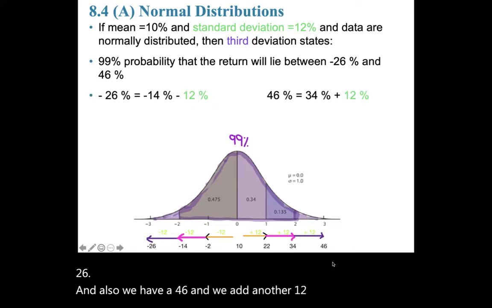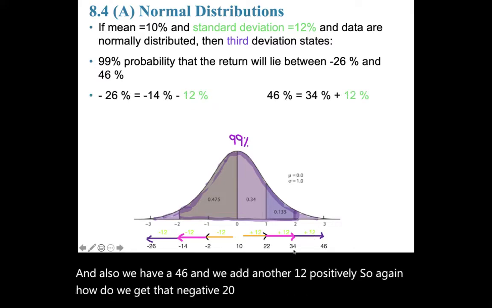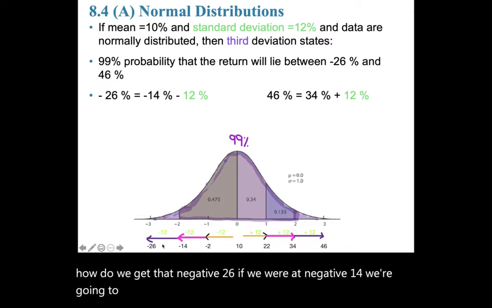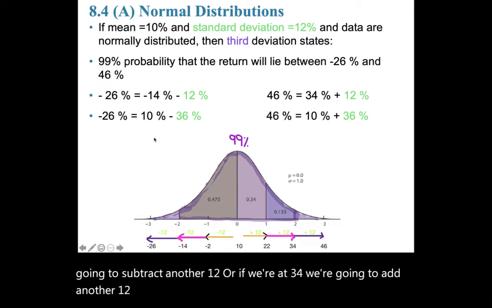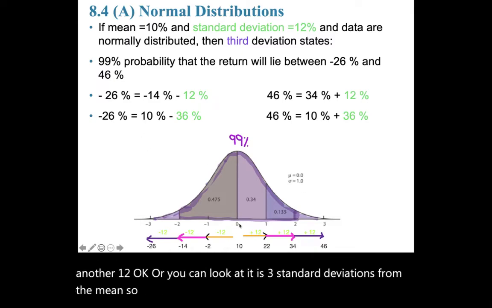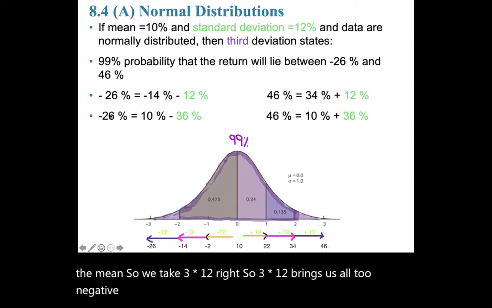Okay, so again, how do we get that negative 26? Well, if we were at negative 14, we're going to subtract another 12. Or if we're at 34, we're going to add another 12. Or you can look at it as 3 standard deviations from the mean. So we take 3 times 12, right? So 3 times 12 brings us all to negative 26.